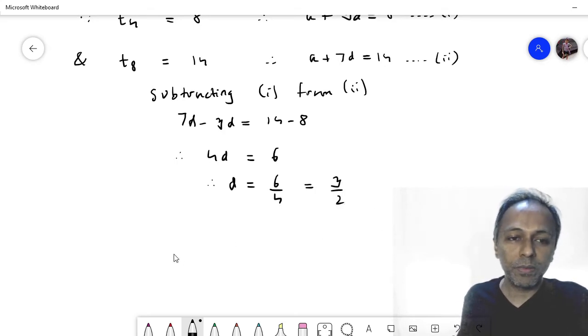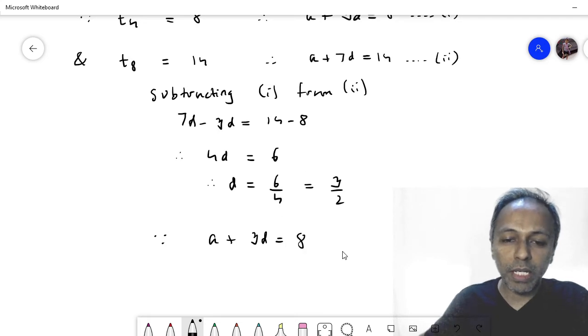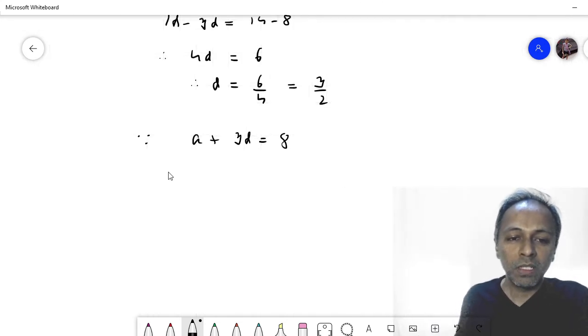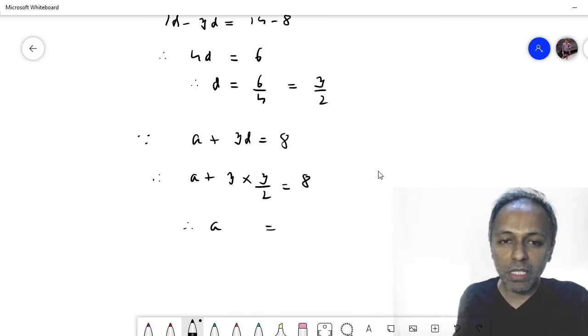This is one of your answers. Let us substitute this in, say, equation 1. So since a plus 3d is equal to 8, we can substitute d as 3 upon 2 here. Therefore a plus 3 into 3 upon 2 is equal to 8. Therefore a is equal to, how is this coming?